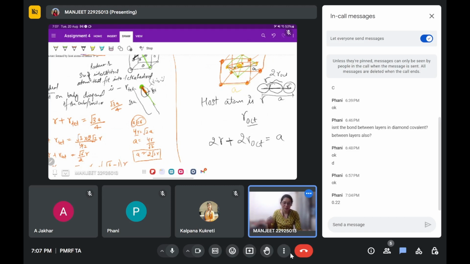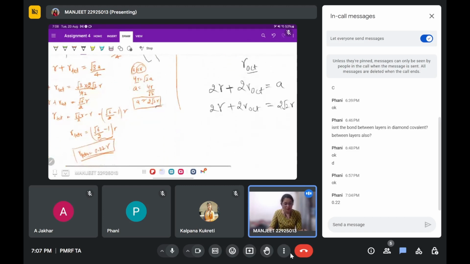Put the value of A here. We already calculated A as 2 root 2 R, so 2R plus 2R oct. Now you can cancel out the 2, so R plus R oct equals root 2 R.